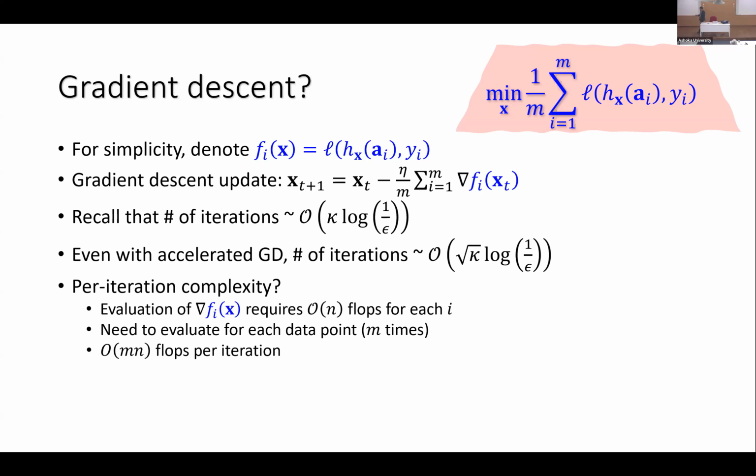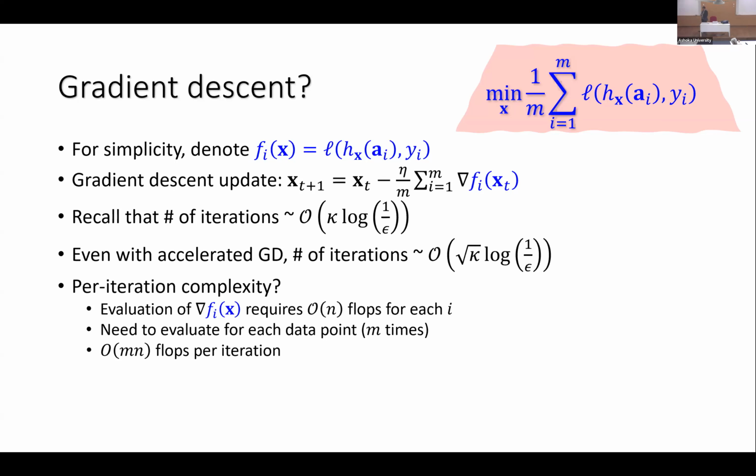So this is order mn flops per iteration. Now this is what I use to motivate stochastic gradient descent. I am saying that this is too large when m is large. n you cannot do anything, you have to calculate the gradient, but m is something that I want to remove from here. If m is very large, let's say you have 1 million images, doing this calculation at every iteration, m times n flops, is too costly.